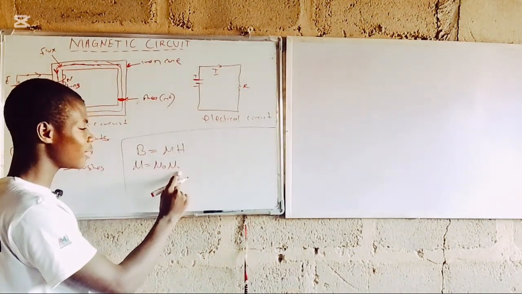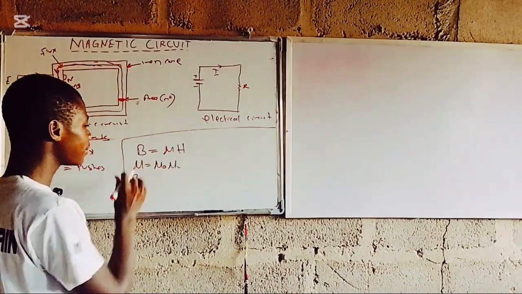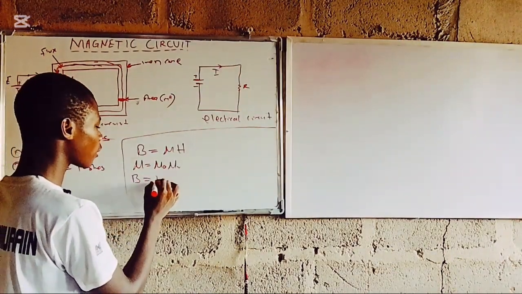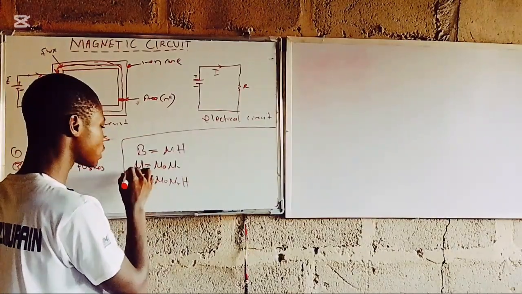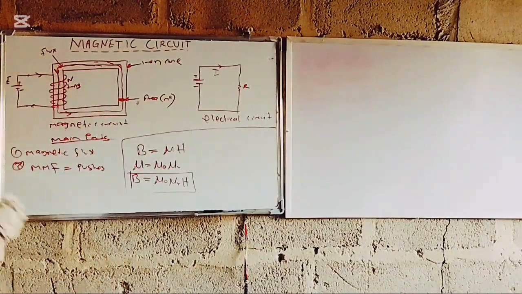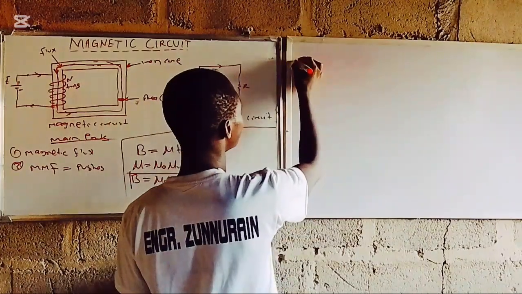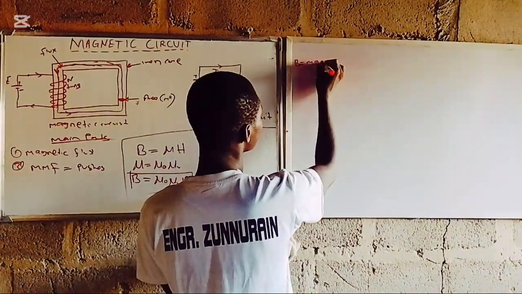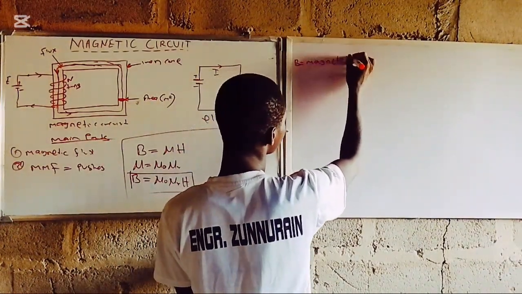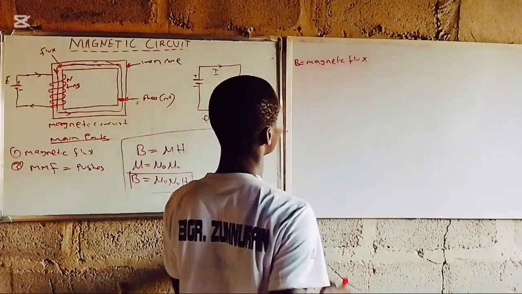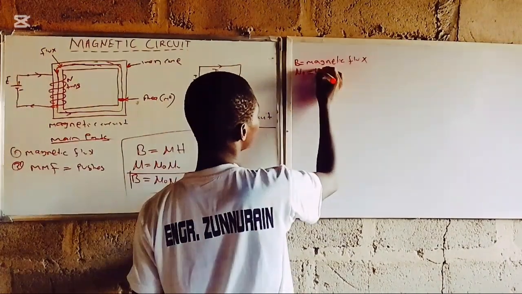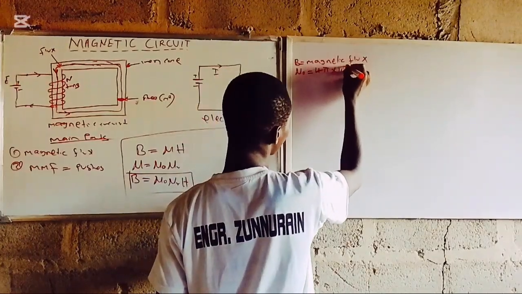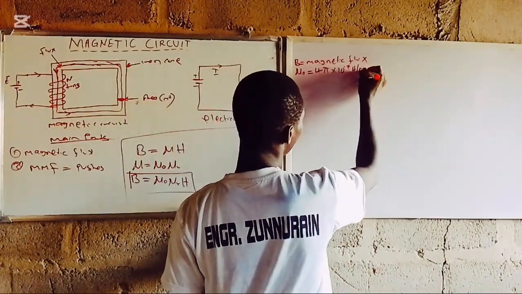Therefore, B should now be equal to mu naught multiplied by mu r multiplied by H, whereby B stands for magnetic flux density, and mu naught is 4 pi times 10 to the negative 7 Henry per meter.